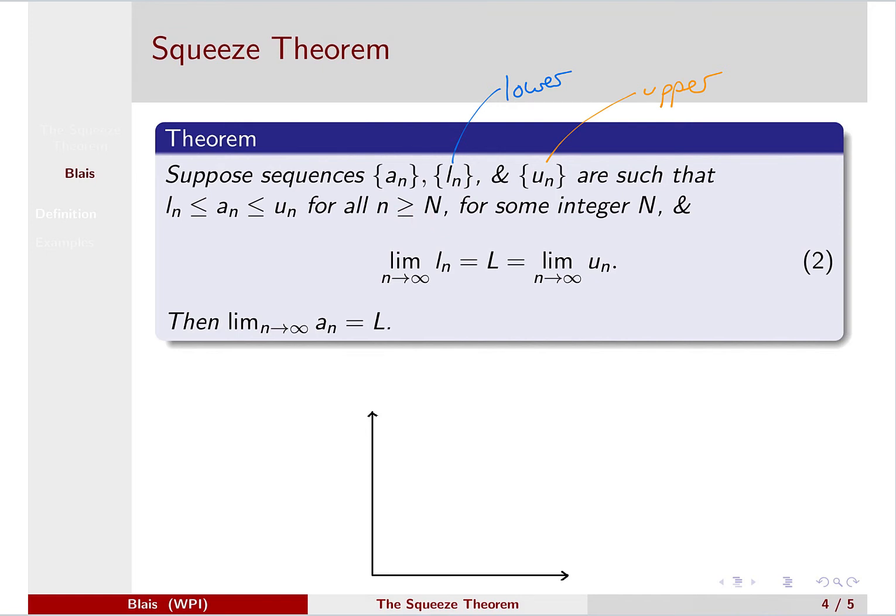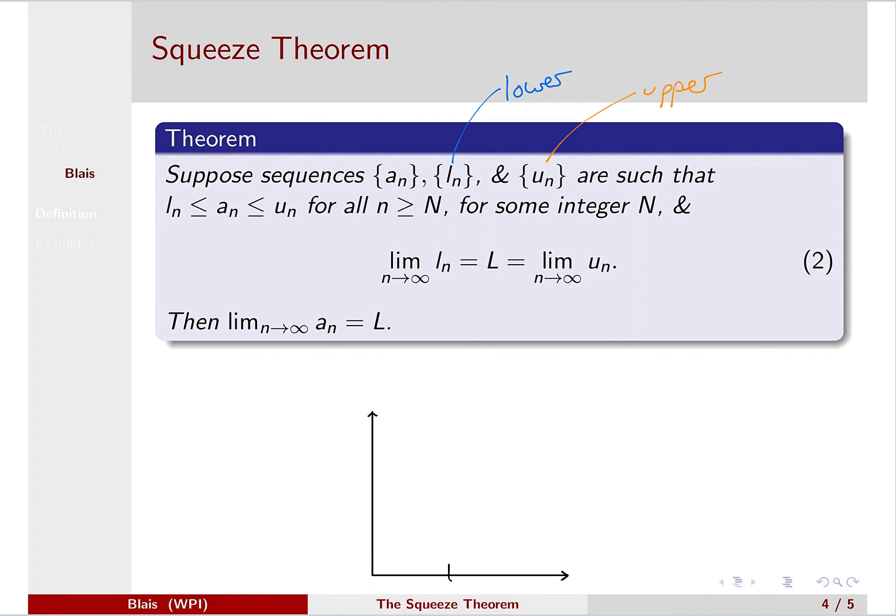If the limit as n goes to infinity of the lower sequence equals L, and that also is the limit as n goes to infinity of the upper sequence, then the given sequence a_n has to have the same limit L as n goes to infinity.